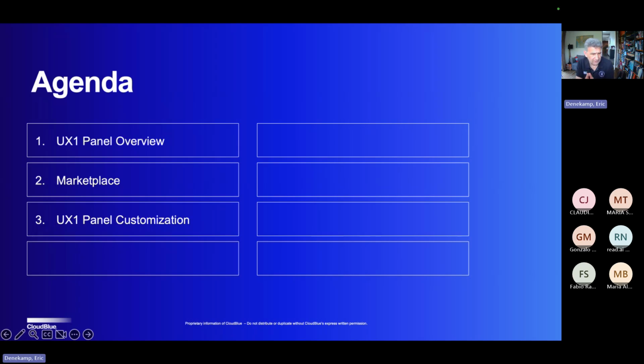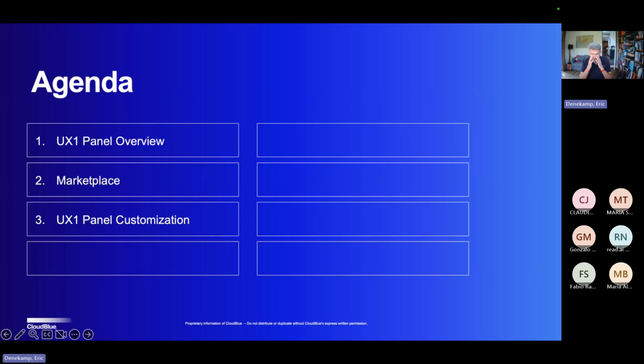All new functionality, all new modules that we add to the platform will be available in UX1 and probably in UX1 only. That means that from now on, version 21 will gradually move towards a native UX1 setup, although there are some functionalities that we still want to keep in our classic, our previous platform. And as long as those features are only available from the classic panel, we will keep that classic panel in.